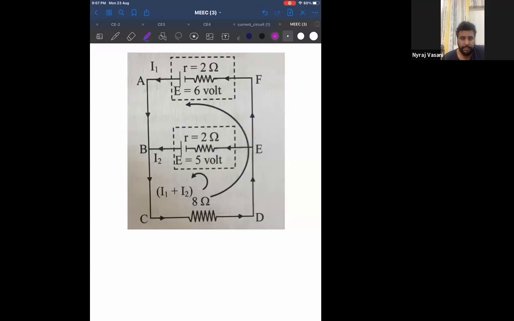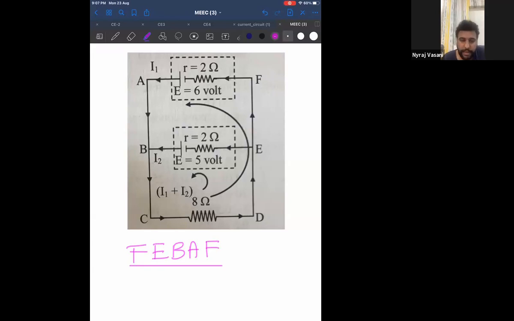Three people. Okay, now I'll write the name of the loop. Then I'll tell the name of a person. That person try to give me the answer. Start. I'll give you 30 seconds, then I'll tell the name of a person.